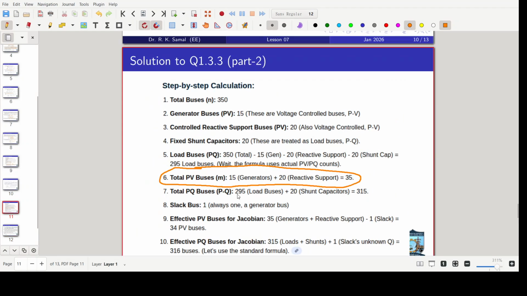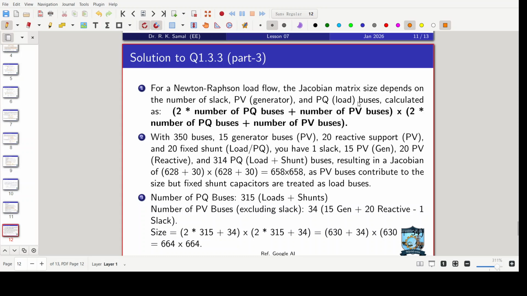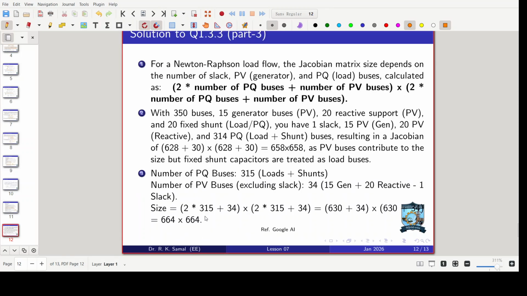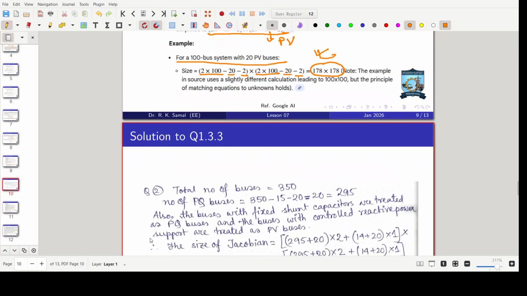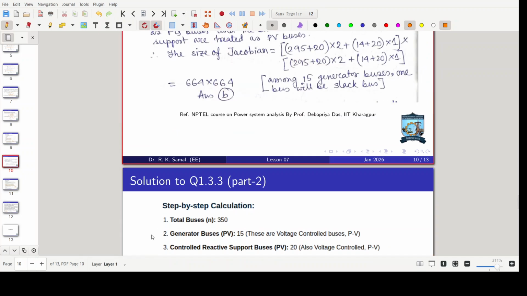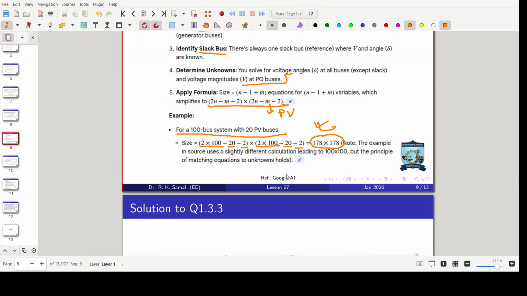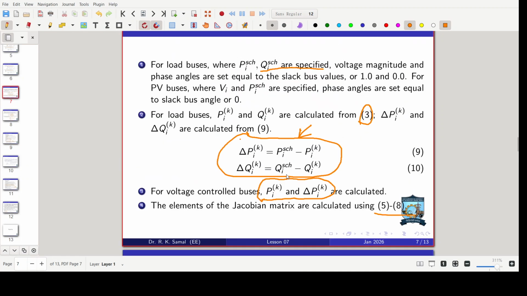Okay. 35, and we remove the slack bus, as always. So the solution becomes the same, 664 by 664, as given by Google AI. An interesting thing to note here is that the formula used in this particular problem is slightly different from the formula used here.